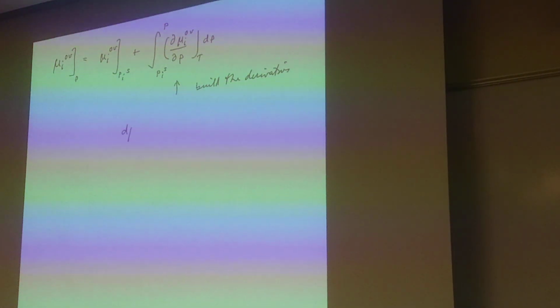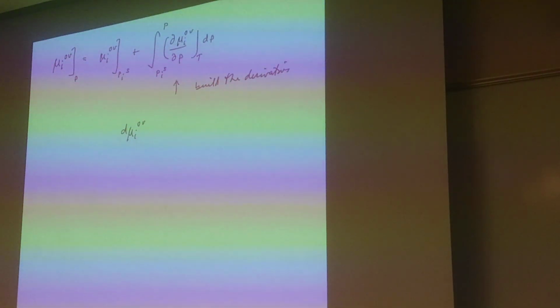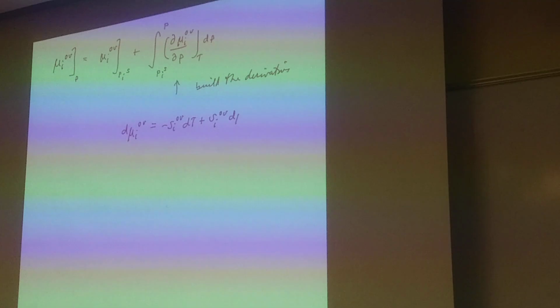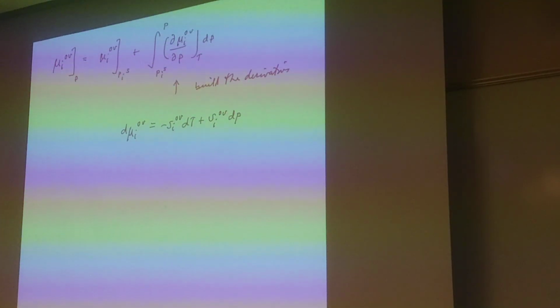So we start out with, so there's my fundamental equation for the Gibbs free energy. In this case, it's the chemical potential. It's got all at constant temperature, so that is 0.